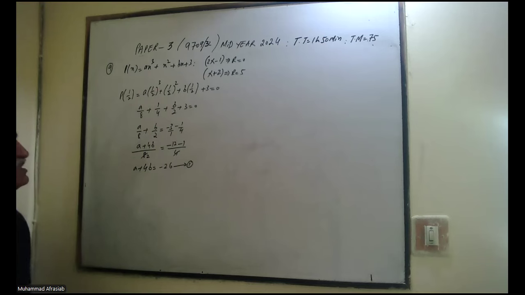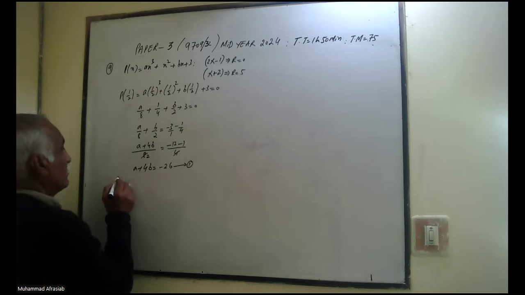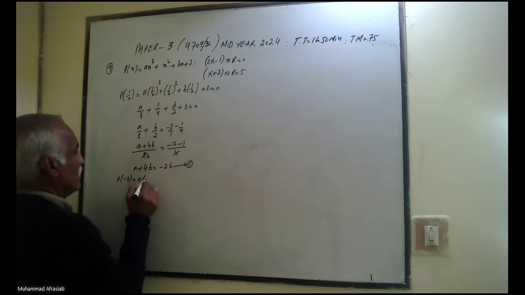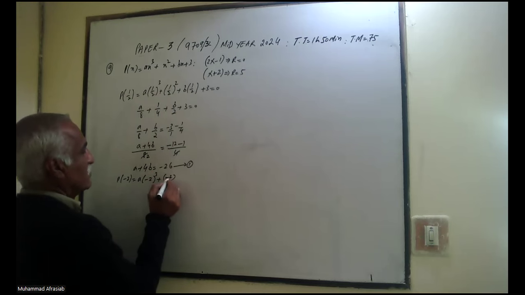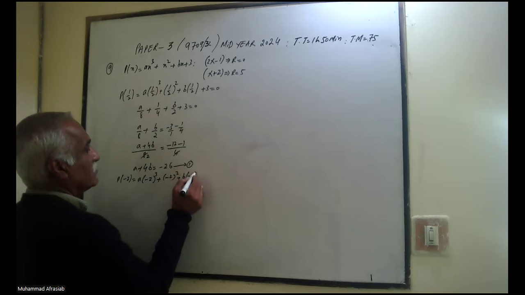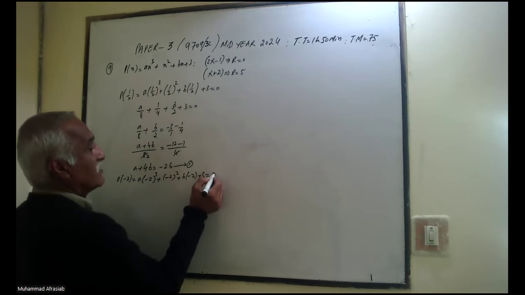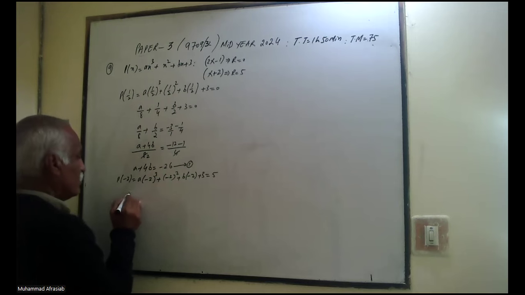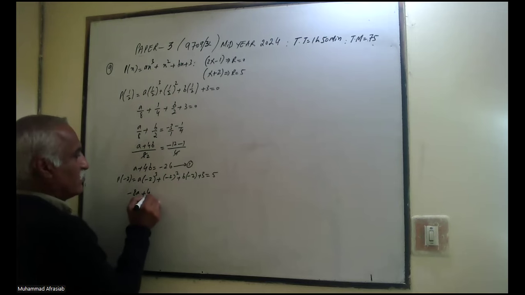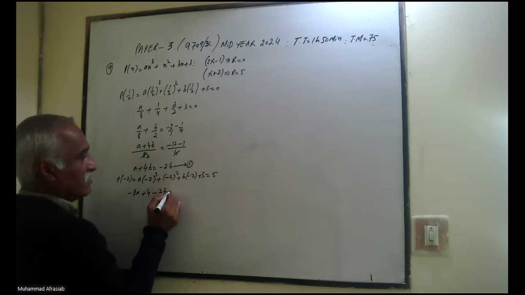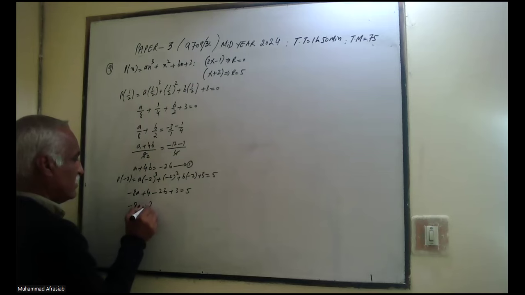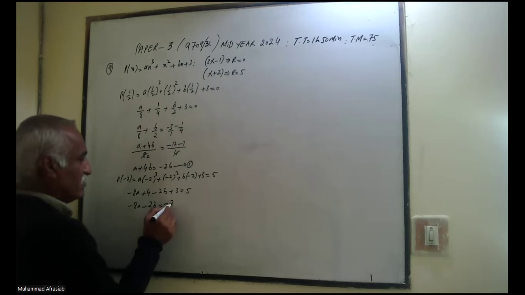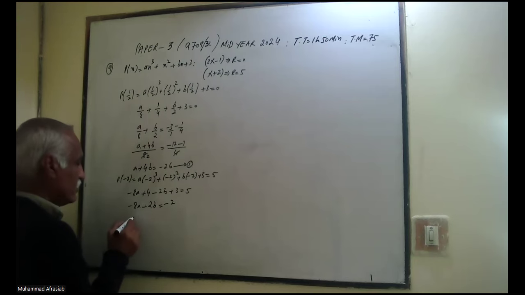Then x plus 2 is leaving a remainder equal to 5. So p of minus 2 is equal to a into minus 2 cube plus minus 2 square plus b into minus 2 plus 3, and that is leaving the remainder equal to 5. So it should be equal to minus 8a plus 4 minus 2b plus 3 is equal to 5, or minus 8a minus 2b is equal to 5 and 4 plus 3 7 is minus 2, or we can take minus 2 as common.